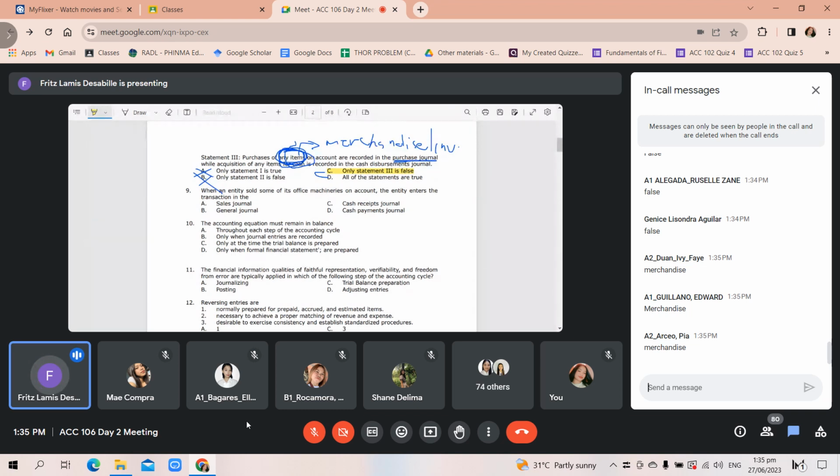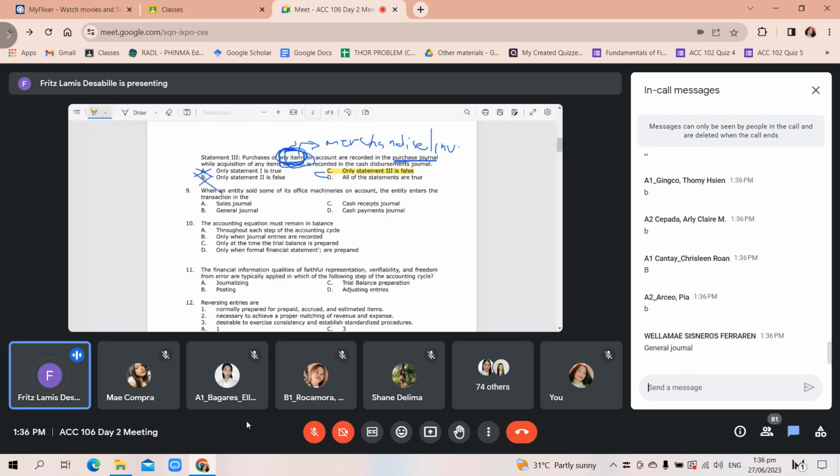Okay, so number 9, when an entity sold some of its office machineries on account, the entity enters the transactions in what? Asa nimo ginabutang ang purchase of machineries on account? Asa nimo ibutang? Correct, no?